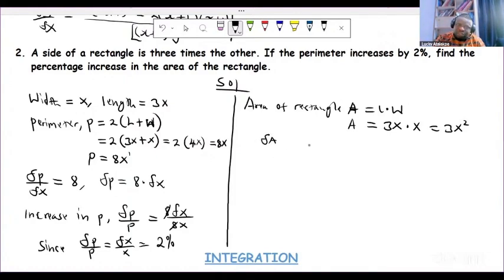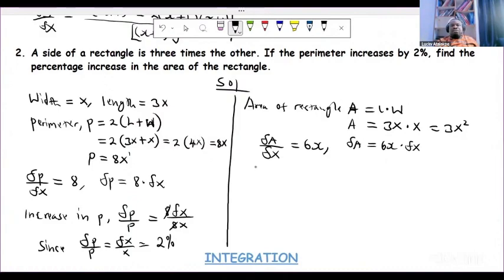So I will differentiate A with respect to x. This will become 2 times 3, 6x. Take away 1 from the power, that becomes 1. So dA dx is 6x. So it then means that our dA will now be 6x dx.